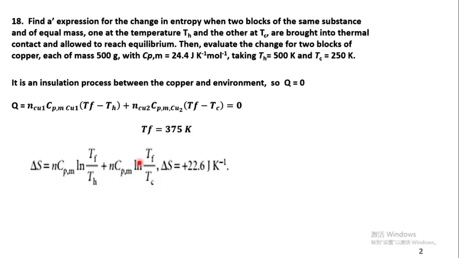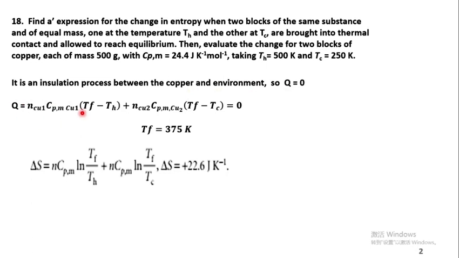Okay. The next question is to put two copper objects together with different initial temperatures, but they have the same mass of 500 grams. As this process is an insulated process between the copper and the environment, Q equals 0.